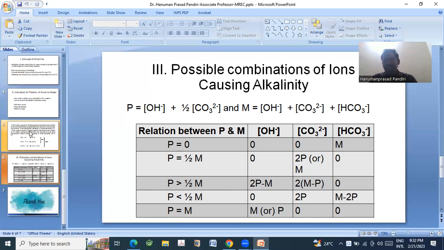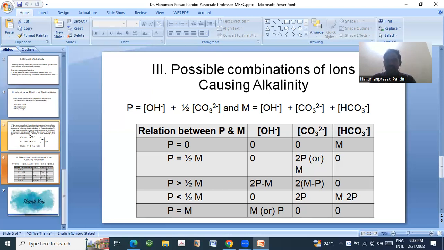And in the titration, if you observe P equal to half M, that means phenolphthalein alkalinity is exactly half of methyl orange alkalinity. This relation will be valid only when OH minus concentration is 0 as well as bicarbonate concentration is also 0.